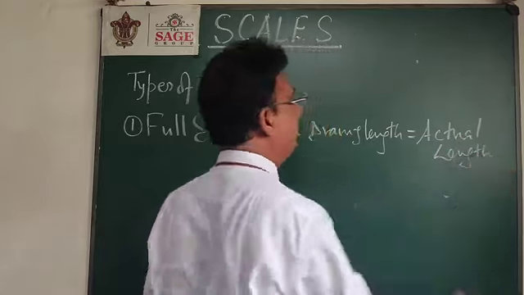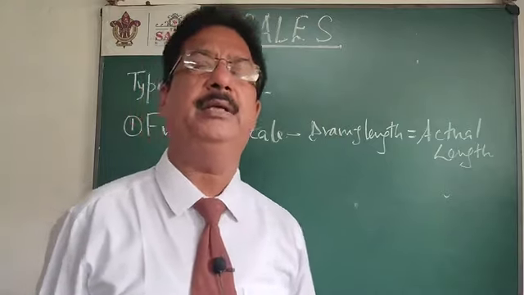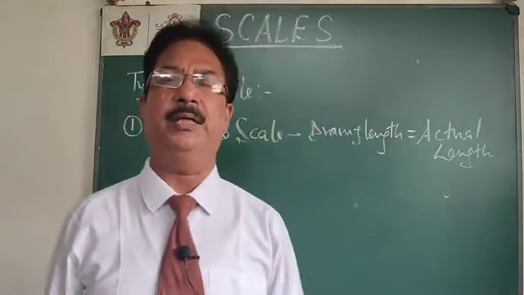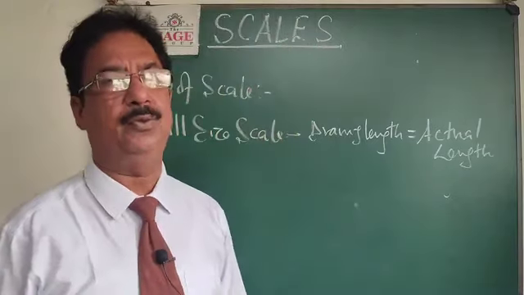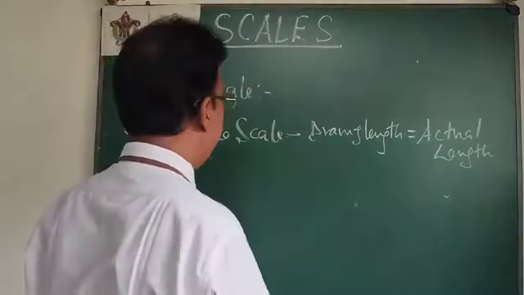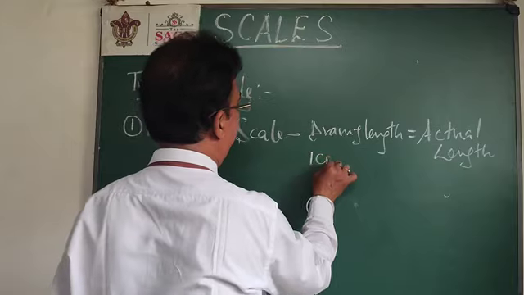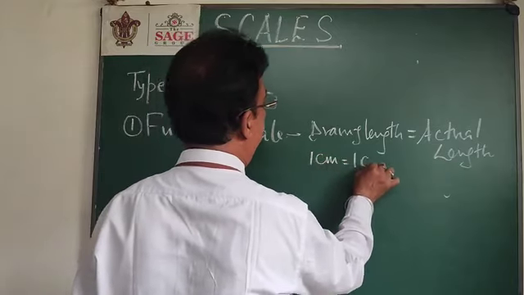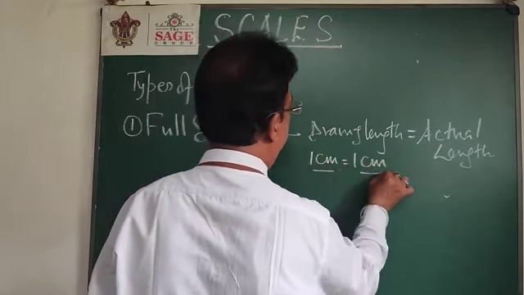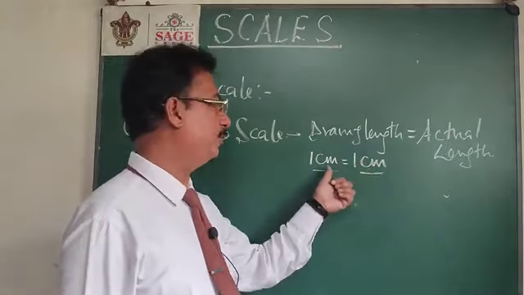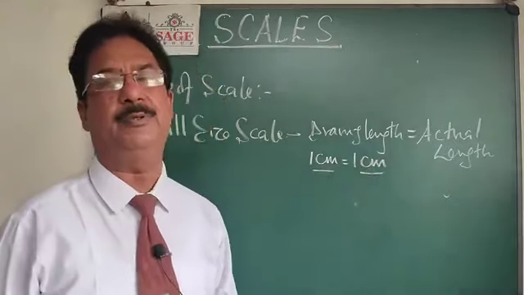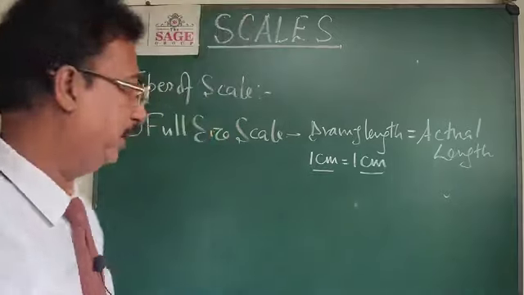If I say 1 centimeter equals 1 centimeter, the actual length of the object is 1 centimeter and I am also representing it by 1 centimeter, so that is known as full size scale.